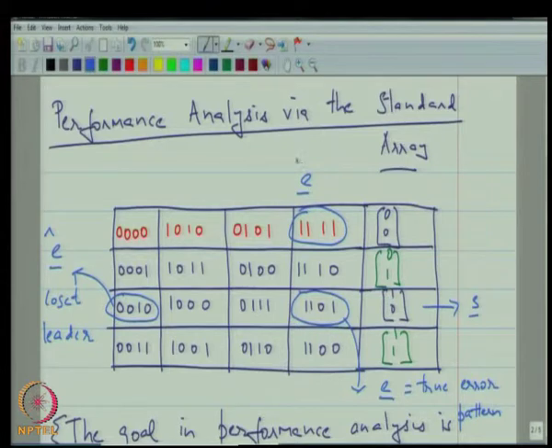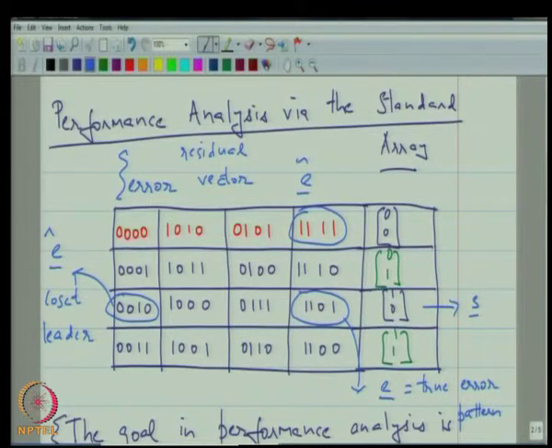So, this is E tilde. And let us point out that this is the residual error vector, which means the residual after decoding.